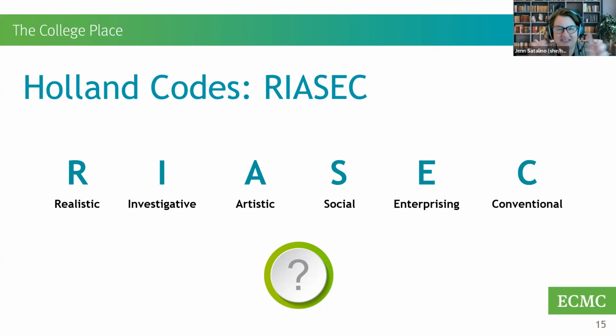When you get your RIASEC code, you're going to get your top 3 characteristics. So instead of having all 6, you're going to have 3, and they're going to be listed in the order of importance to you. We're going to quickly go through the different codes, see what they're about, and see how these can give you some information about a prospective career.